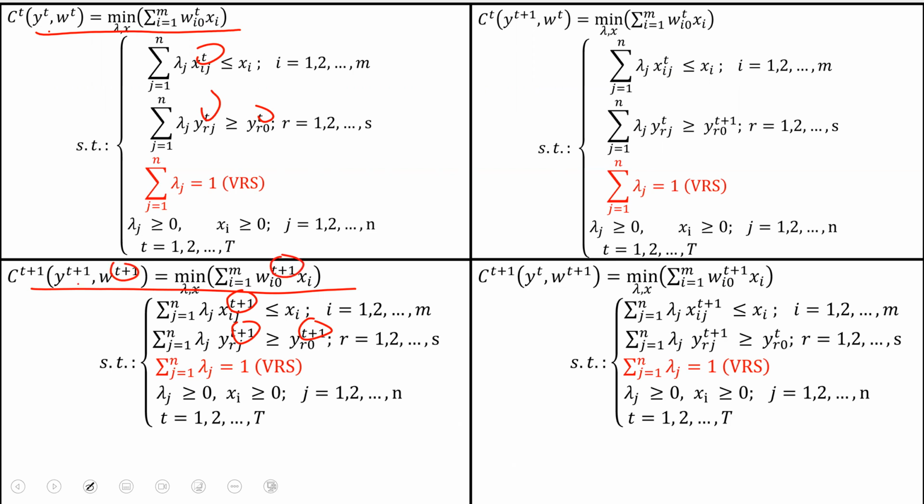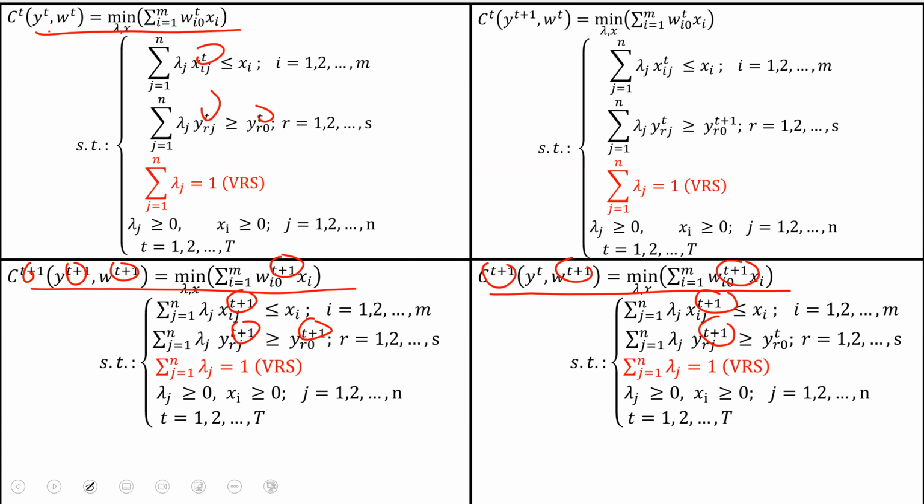And this one is T+1, and this one is T+1. But the cross period ones are different. The one I did a few minutes ago is this. The technology will change to T+1. The W inside and the C will all change to T+1.